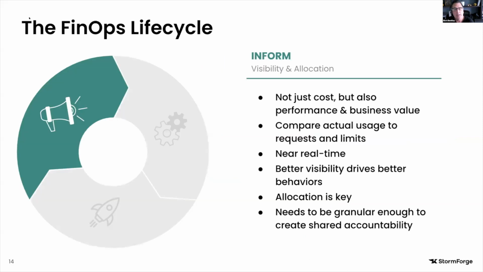So diving in a little bit onto each of these areas. So inform, again, this is about visibility and allocation of costs. And that's really the first step, right? Get an understanding of where your cloud spend is going and who that should be allocated to. And again, keeping with the theme of going beyond just costs, you also have to think about performance and business value.